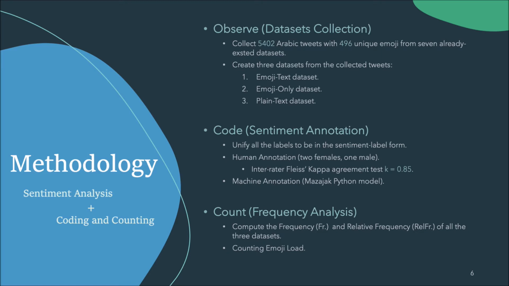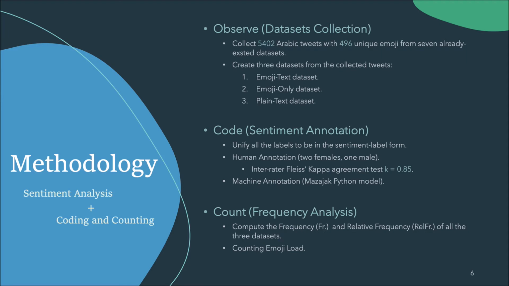We calculated 2 measures: the frequency, which is the absolute number of times that emoji occurred within text of that sentiment class, and the relative frequency, which is the proportion of the occurrences of that emoji that fall into that class. A similar process was repeated for each of the datasets.